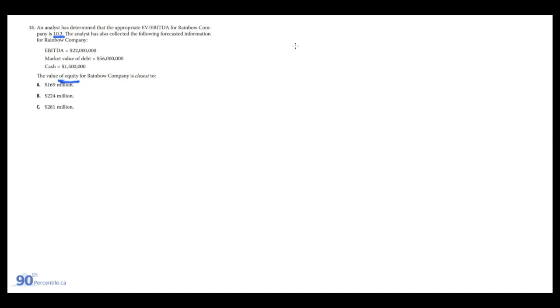First thing we do is use this EV/EBITDA multiple to calculate the EV. EV is equal to the 22 mil EBITDA times our 10.2 valuation multiple, and this gives us our enterprise value of 224.4 mil.